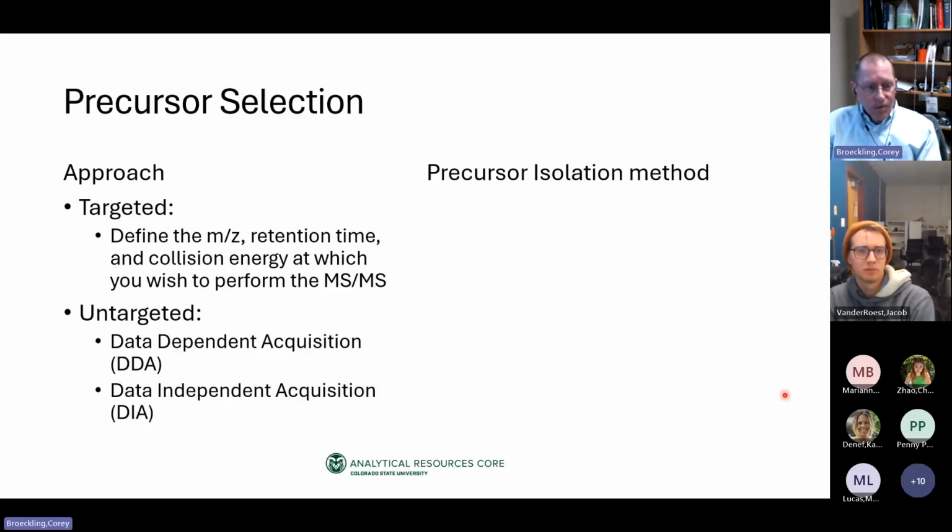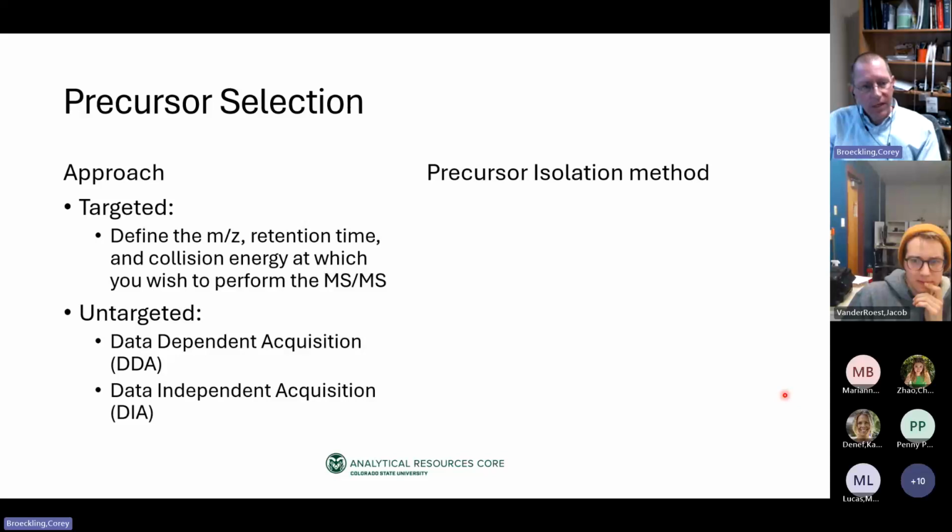That contrasts with an untargeted approach, where we are not telling the instrument exactly what we want done. We're not saying, go look for this molecule. Instead, we have two different approaches, which we'll get into the details on later, called data-dependent acquisition, where precursors are selected based on the data that is being acquired.